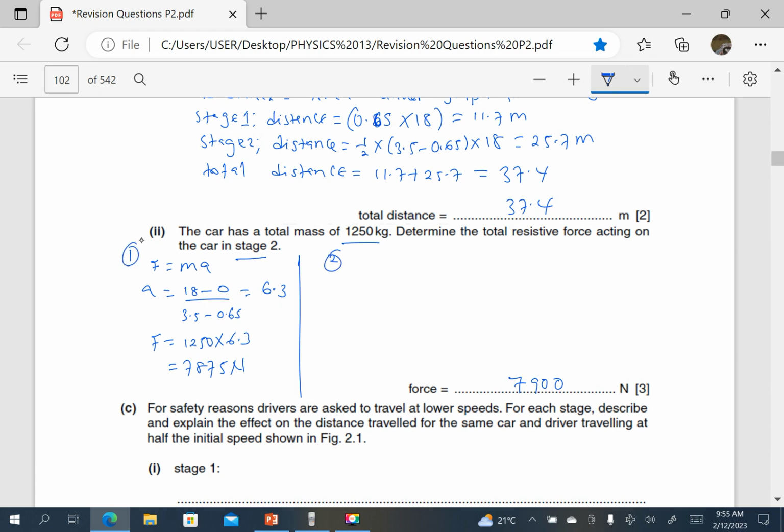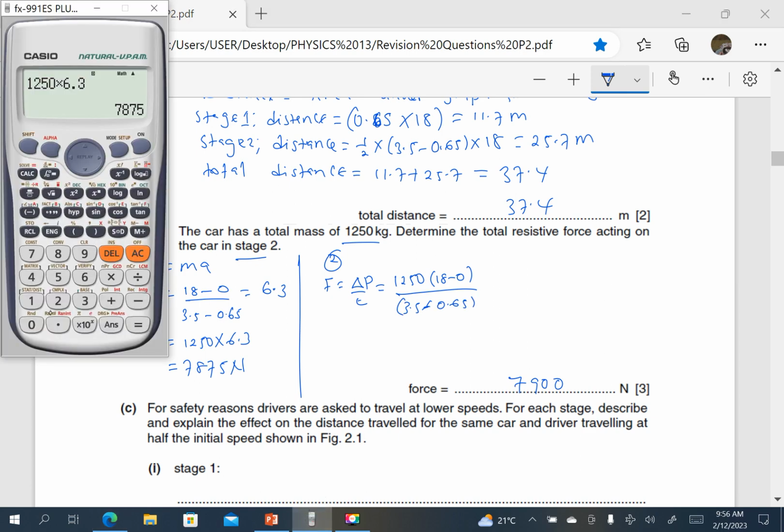Method 2, you can use the definition of force as the rate of change of momentum. So force is equal to the rate of change of momentum. The change in momentum, because mass is 1250, is m times v. The change in velocity is from 18 to 0. The time it takes is still 3.5 minus 0.65.